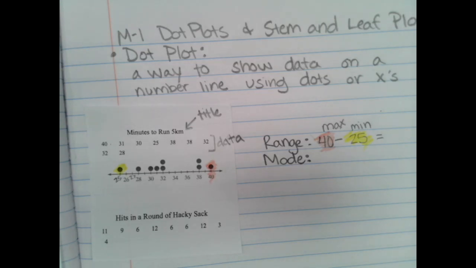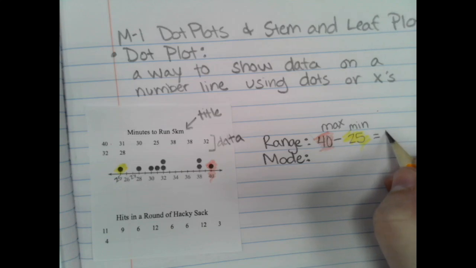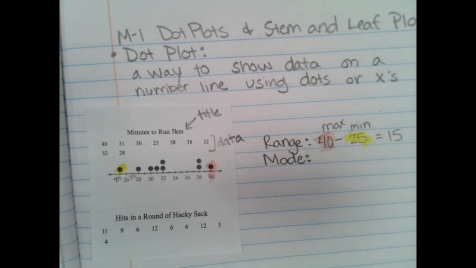So 40 minus 25. Who's my human calculator today? You say 35? Not 25. 15, yeah. 40 minus 20 is 20, and then we have to subtract 5 more, so it should be 15.